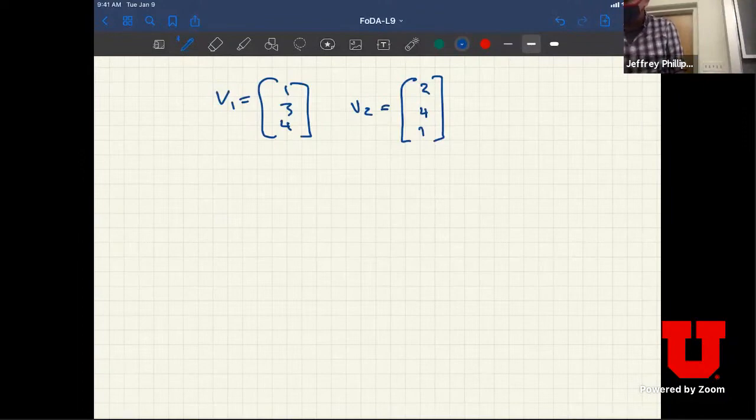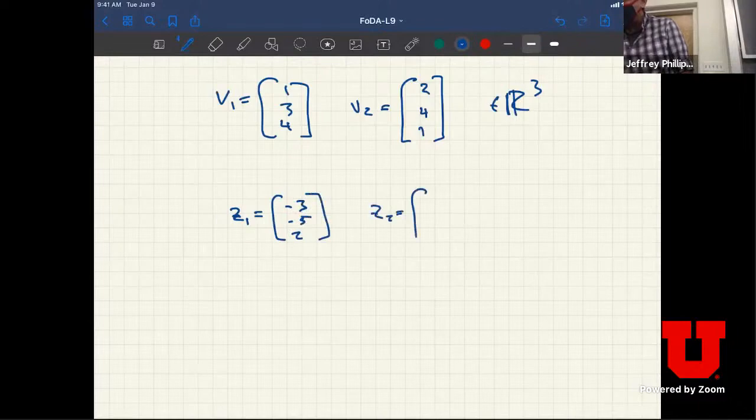And then we have two other vectors, right? So these are both vectors in R3. I just kept the example small because with large examples, other stuff gets in the way. Z1 is -3, -5, 2. Hopefully this is a good example.